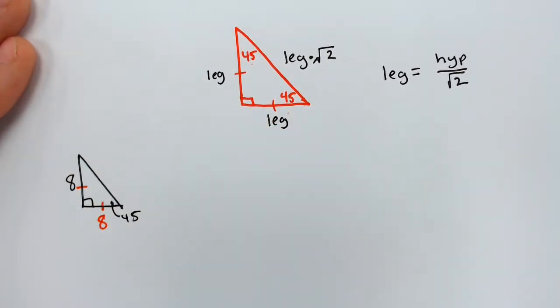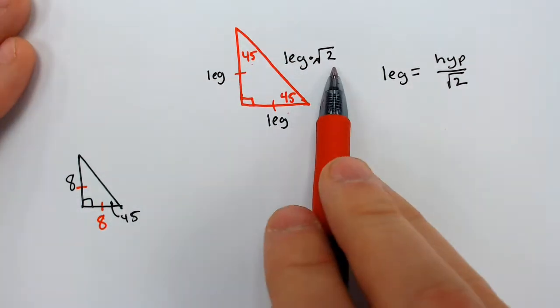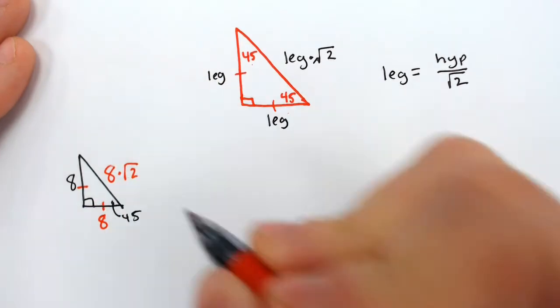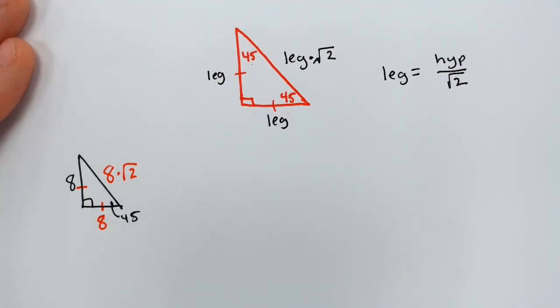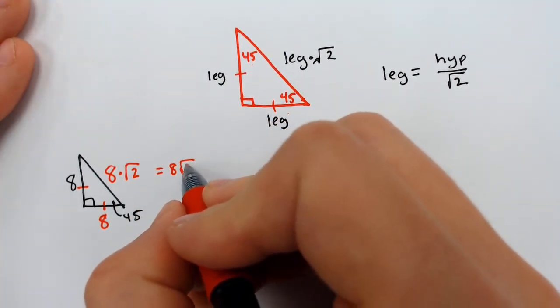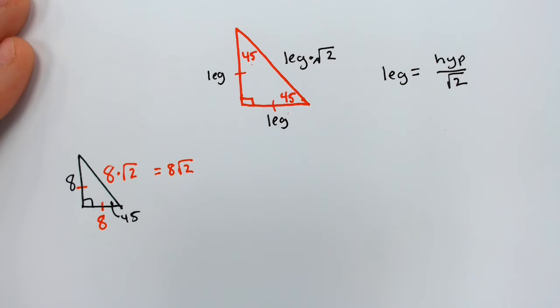That would have to be 8. And I would also know that the hypotenuse is just the leg times the square root of 2. So this would be 8 times the square root of 2, or just 8 square root of 2. You don't have to write the times part. All right? So when you're given the legs, super easy.